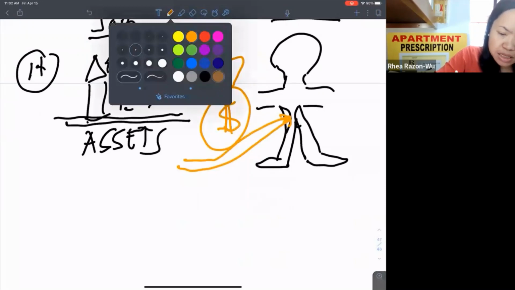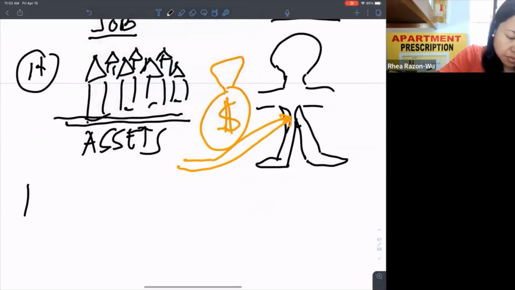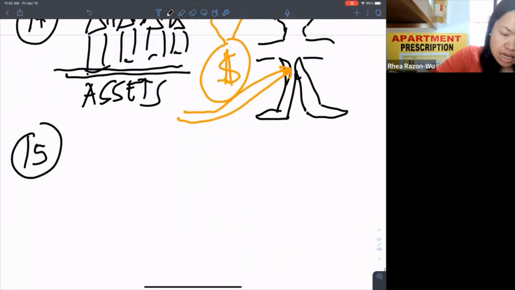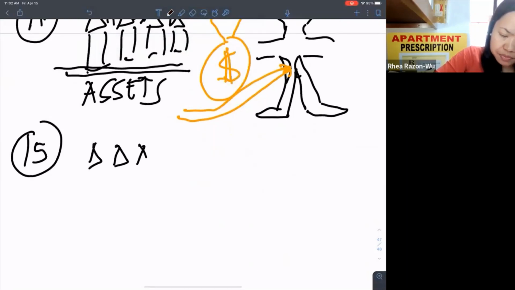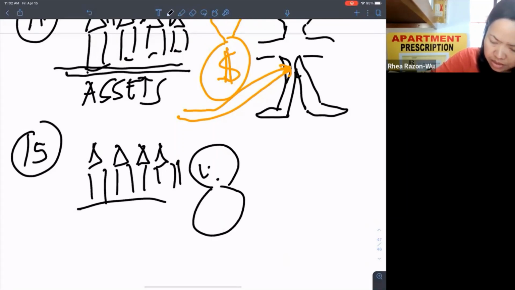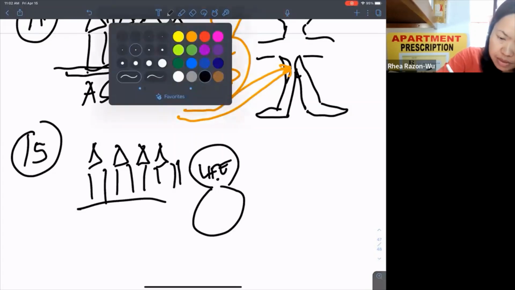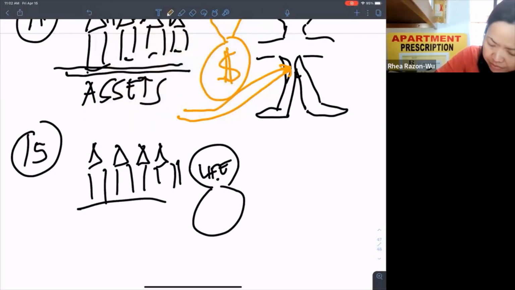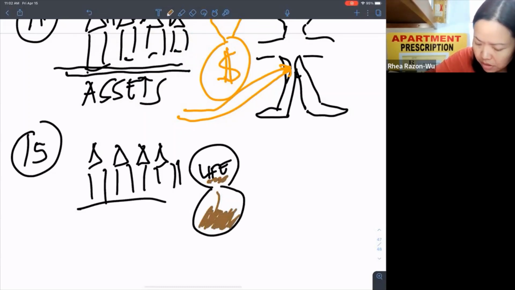Point number 15. These assets here are triangular stuff. This is my life. My sand left in my life is few.